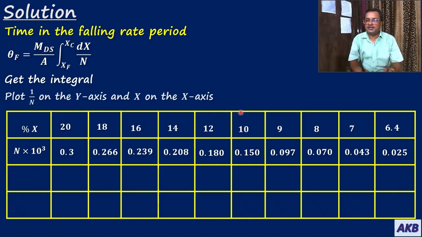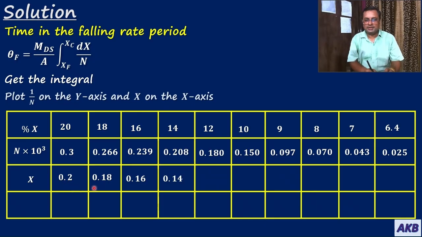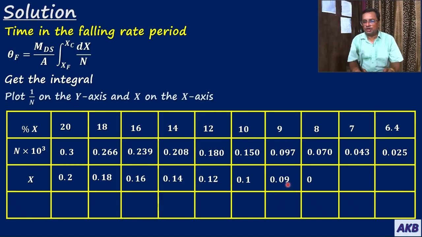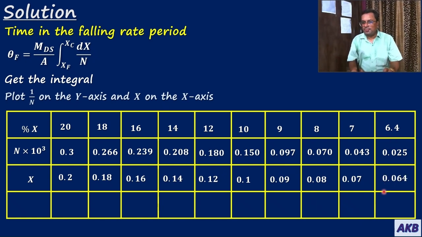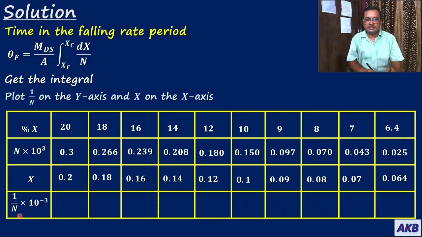So each of the percentage values that is given to us, we will divide by 100 to get capital X. Accordingly, capital X will be obtained by dividing each of these values by 100. So 10 upon 100 is 0.1, then 9 upon 100 it is 0.09, 8 upon 100 it is 0.08, 7 upon 100 it is 0.07, and 6.4 divided by 100 it is 0.064.